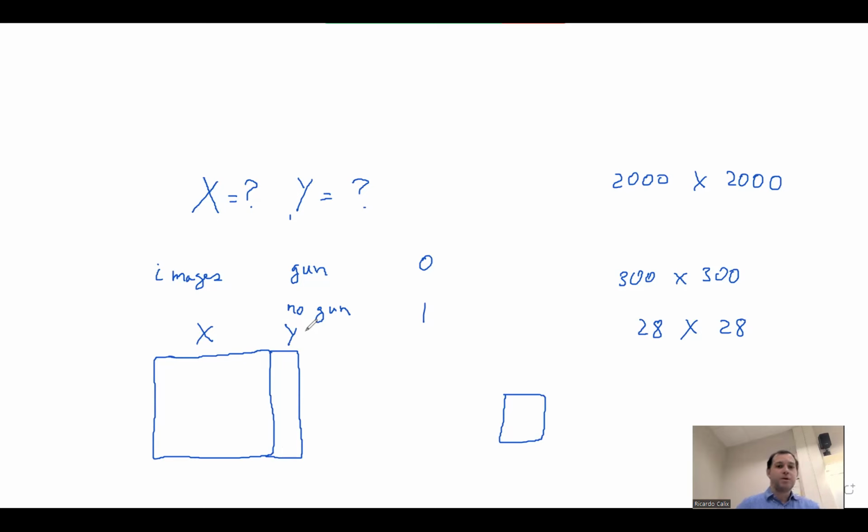We need to define what a row is, first of all. I would say that you should define each row as a sample. That's the terminology. And if I say a sample, what do I mean? An image. Why? Because for every image, we want to know gun, no gun, right?